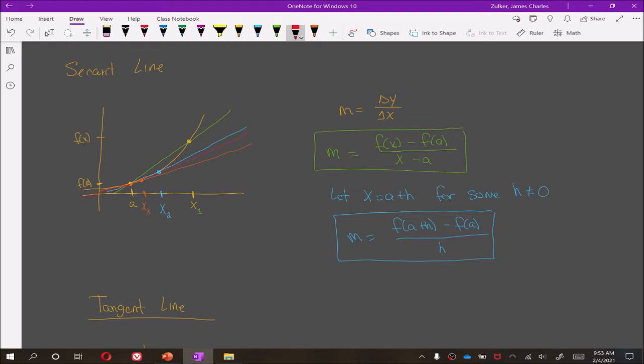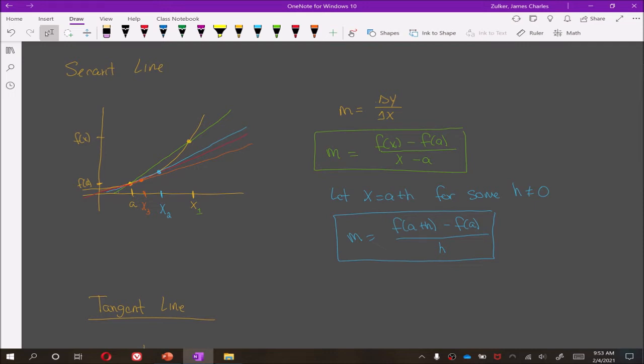Right, so notice how we are forming this tangent line. What we're doing is we're forming secant lines just by moving this endpoint closer to the starting point A. Well, isn't that the idea of a limit, right?